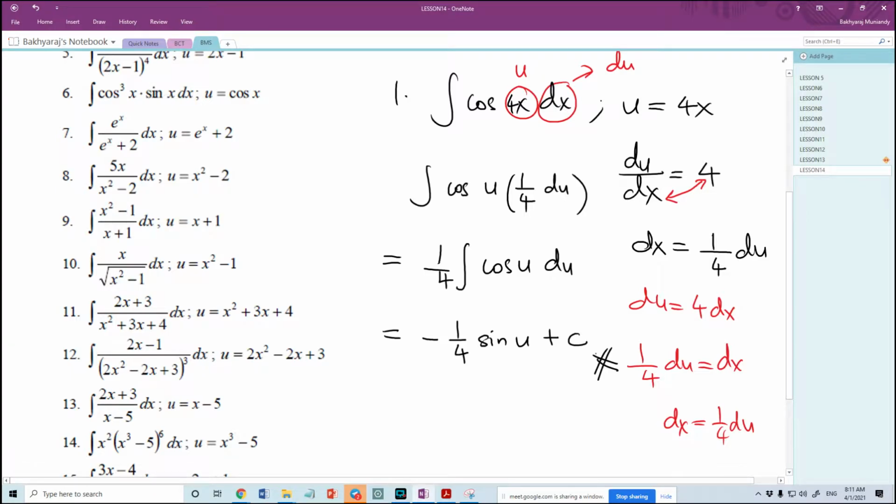But since the question requires you to answer by using the substitution method, then you need to use the substitution method to solve the problem. So the same answer by using the substitution method. So that's how we solve question number 1. Okay, ini cara untuk kita selesai soalan 1 lah.